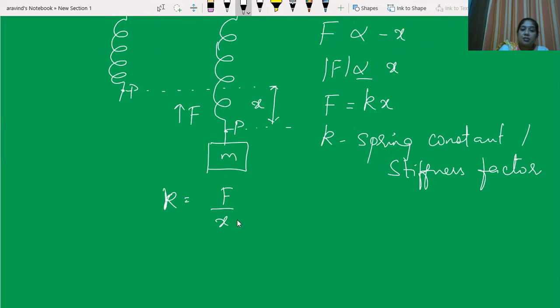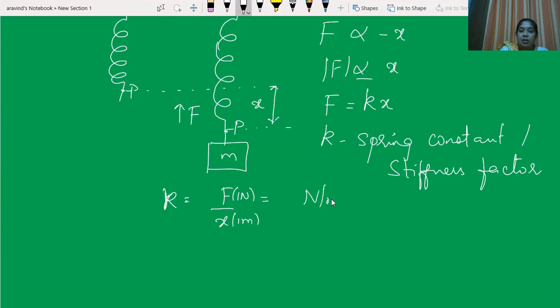For a unit extension, how much is the force experienced by the spring? Or in other words, it is the force required for unit extension of a spring. Say for example, I am applying a force of 1 Newton and a unit extension, say 1 meter or 1 centimeter, is the extension in the spring. So this ratio is called stiffness factor or spring constant.